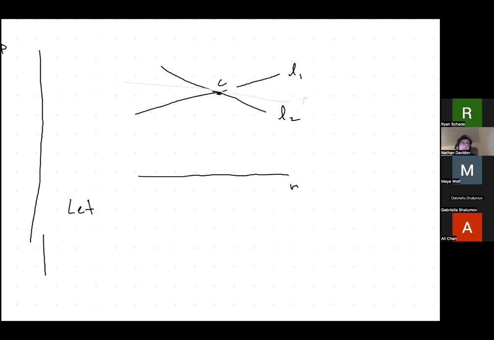And I'm going to assume that it actually does hit M somewhere, say at point D. So let R be between L1 and L2.